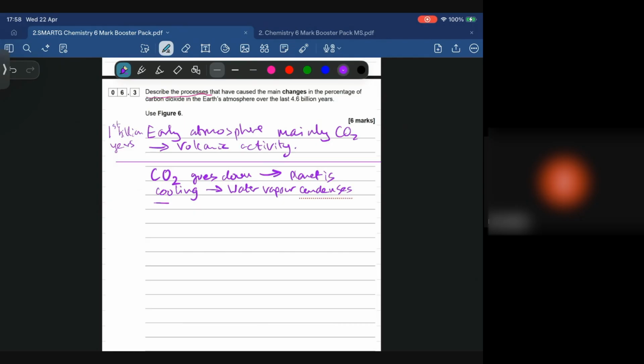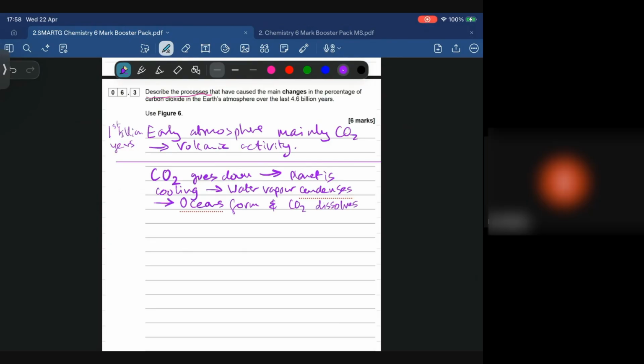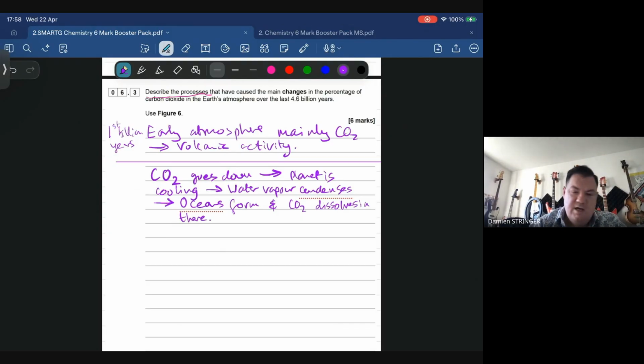And because the ocean is a huge part of carbon, it's a huge carbon sink, the majority of the carbon dioxide gets dissolved into the oceans. So there's a lot dissolving in the ocean, and for the next however many billions of years, you would get carbonate deposits as well, eventually turning into sedimentary rocks.